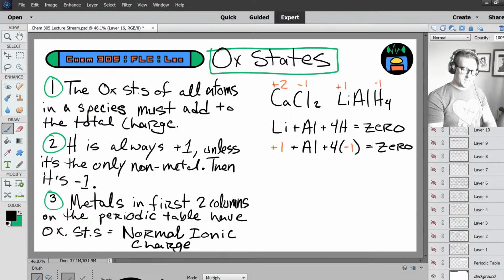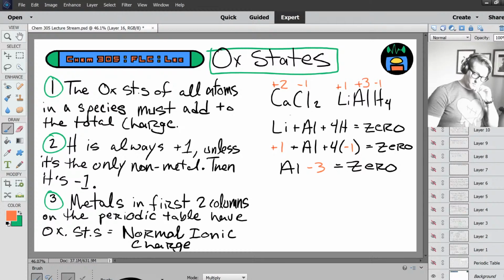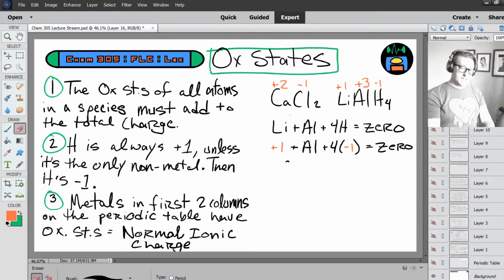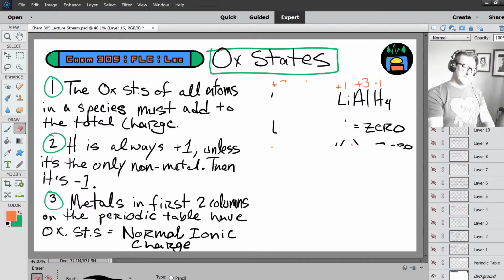So we're going to get aluminum - 3 equals 0, which we now solve and find that aluminum's oxidation state is +3. All right, so there's using rules 1, 2, and 3 in tandem. Let's add our 4th and final.